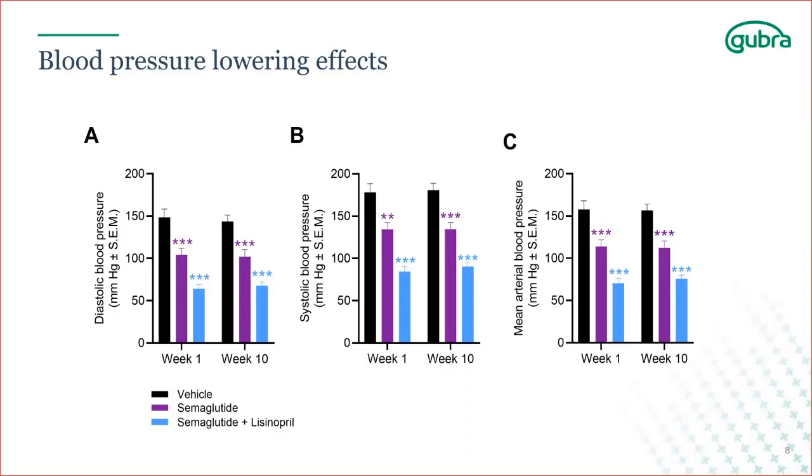Yeah, it is impressive. When looking back on your previous studies where you administered lisinopril alone, if you compare the magnitude of the effect of semaglutide in this study to lisinopril, are they equally effective?